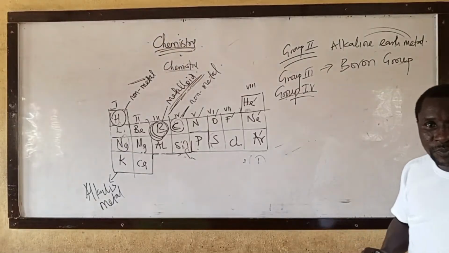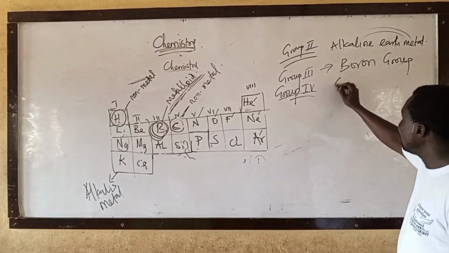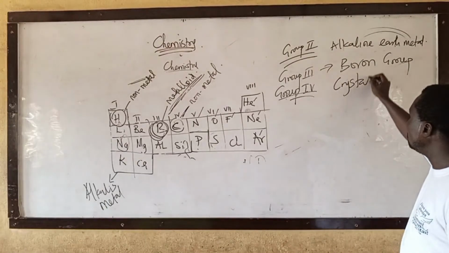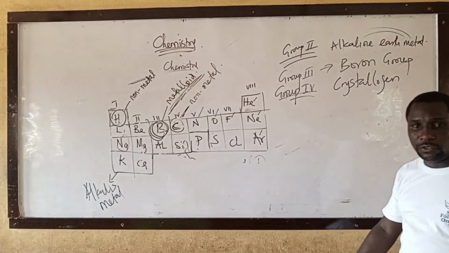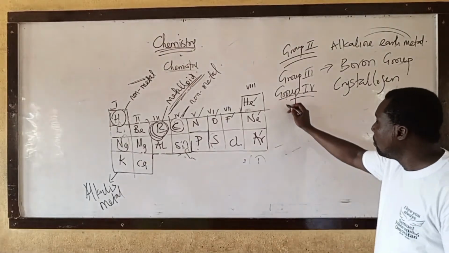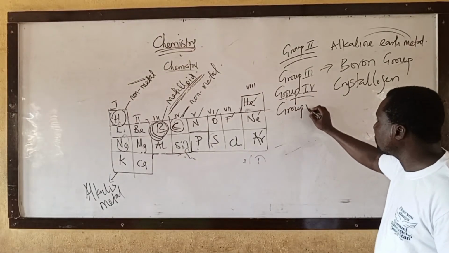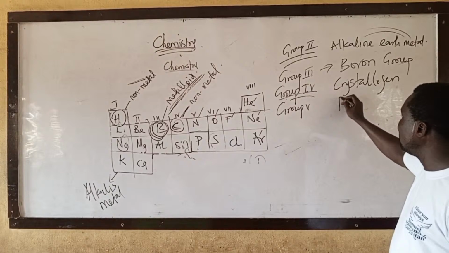Group 4, they are known as crystallogen. Group 5, they are known as pnictogen.